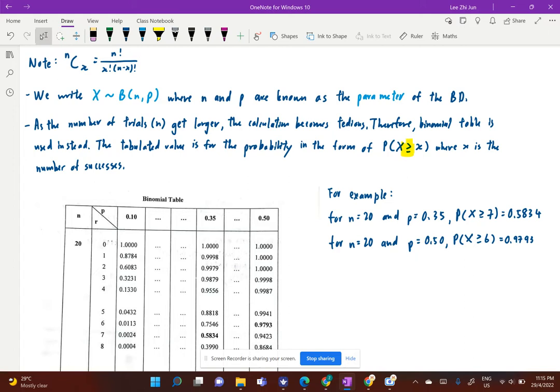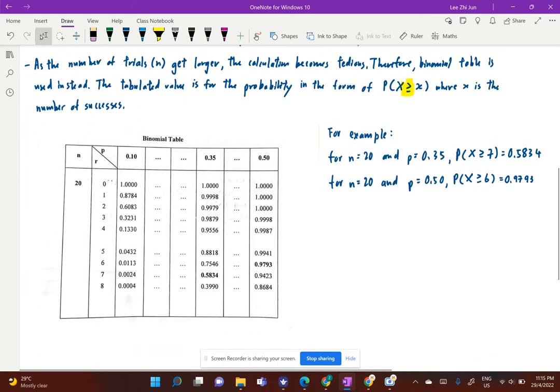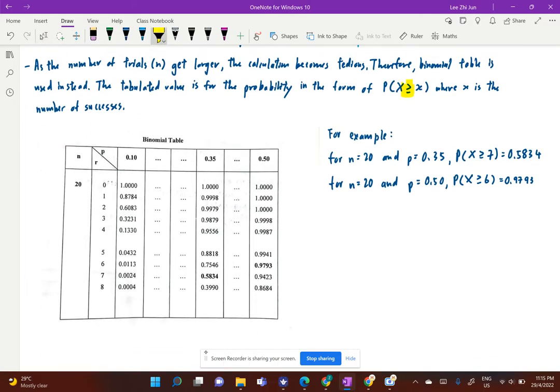So for example, for n equals 20 and p equals 0.5, P(X larger or equal to 7) will be 0.5834. And for n equals 20, p equals 0.5, P(X larger or equal to 6) will be 0.9793.